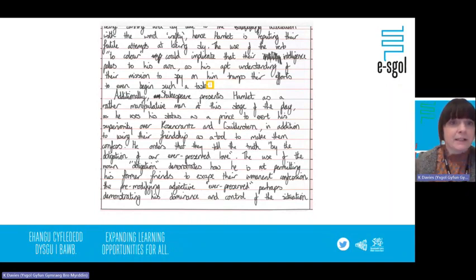The use of the verb to colour could implicate that their intelligence pales to his own, as his apt understanding of their mission to spy on him trumps their efforts to even begin such a task.